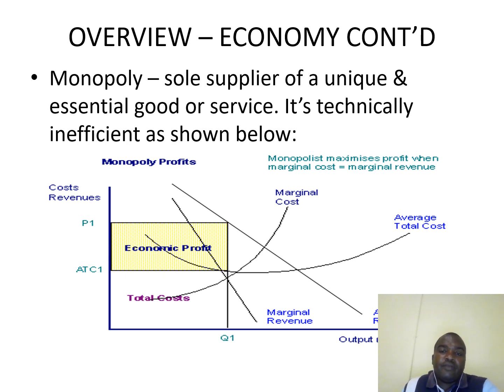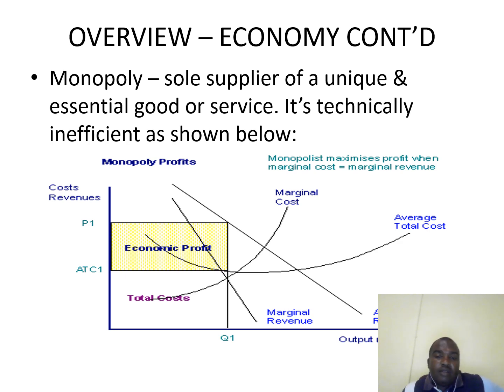The monopoly firm has market power, since it is the sole supplier of a unique and essential product, which implies that the demand curve has to be downward sloping. And the moment the demand curve is downward sloping, the marginal revenue curve will also be downward sloping, but it will have twice the slope of the average revenue or demand curve.